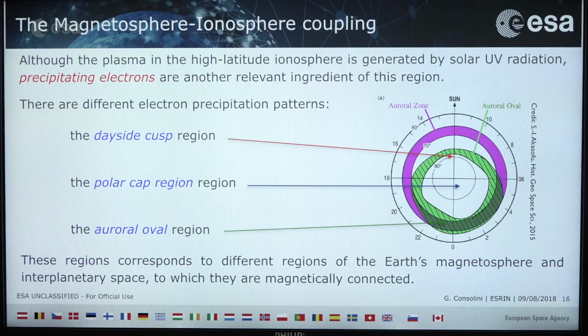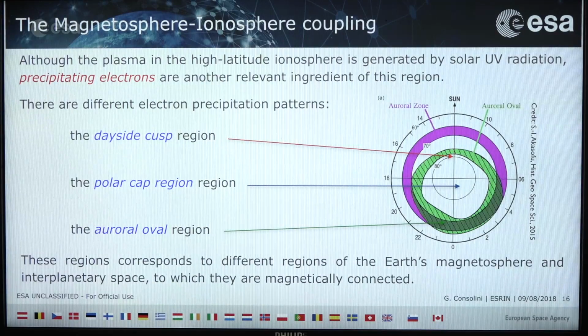So in terms of precipitating electrons, if we confine ourselves to the high latitude ionosphere, which is generated by UV radiation, another element that has to be included are electrons that directly precipitate due to the link that I've shown before. And these electrons precipitate in different regions.